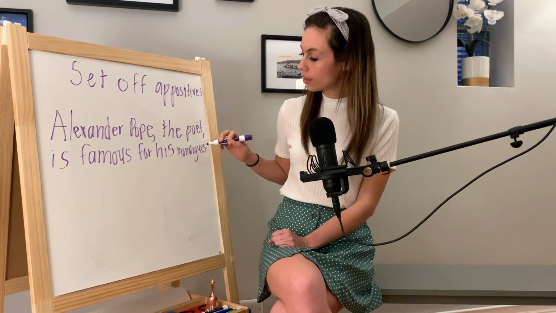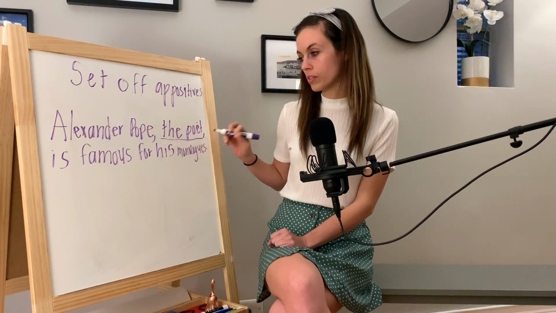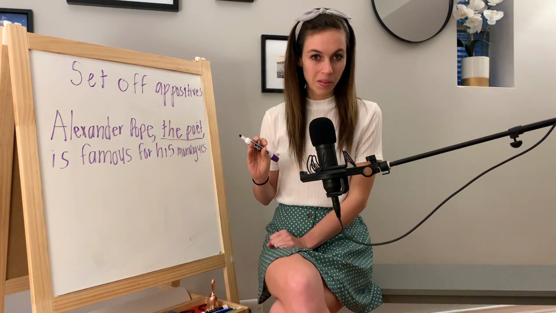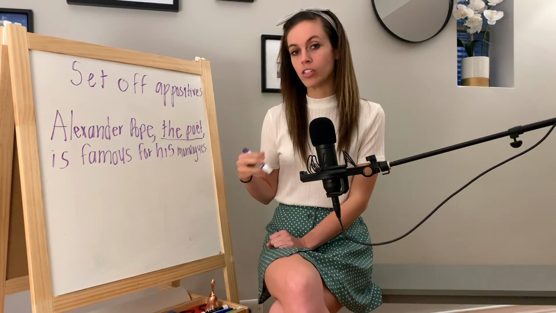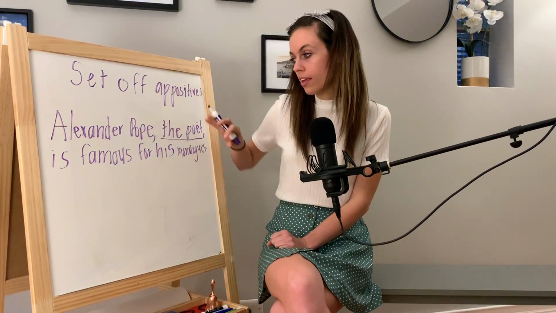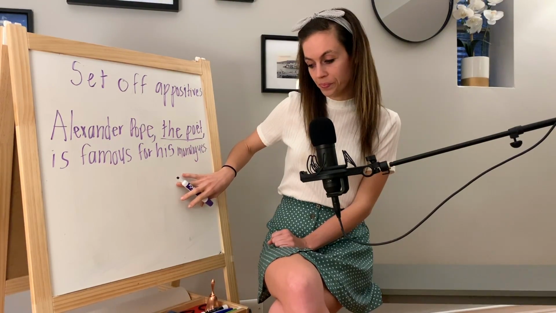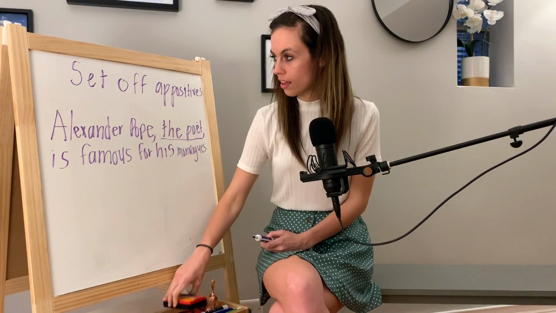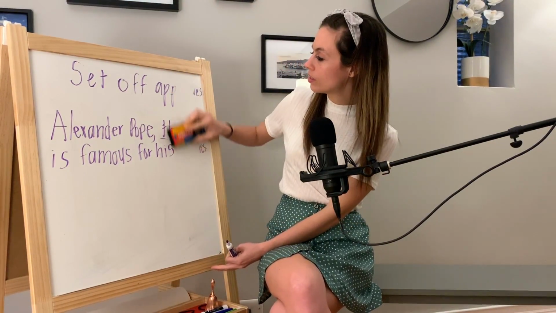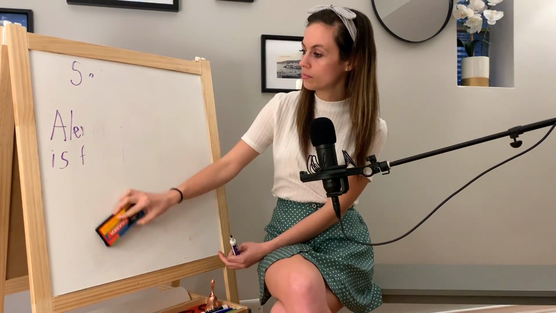Okay, so the appositive here would be the poet. It's kind of like that non-essential information. It gives us more information, but if we took that out, it would still make sense. Okay, so let's go ahead and go to the next rule. Any questions so far? Okay.